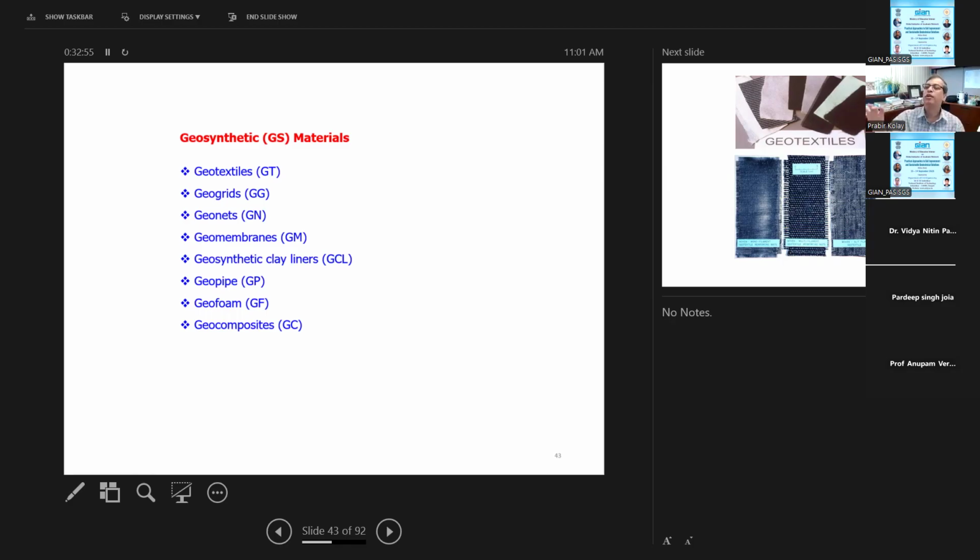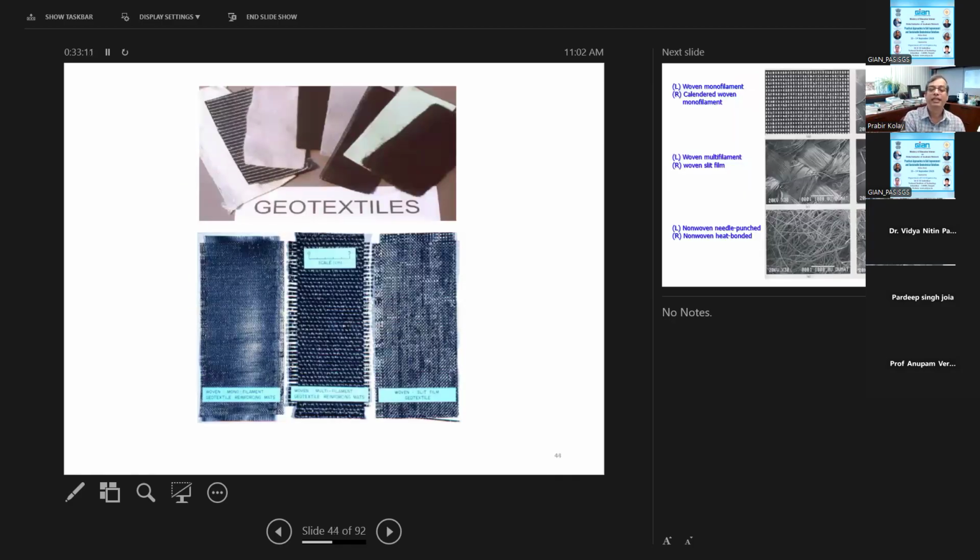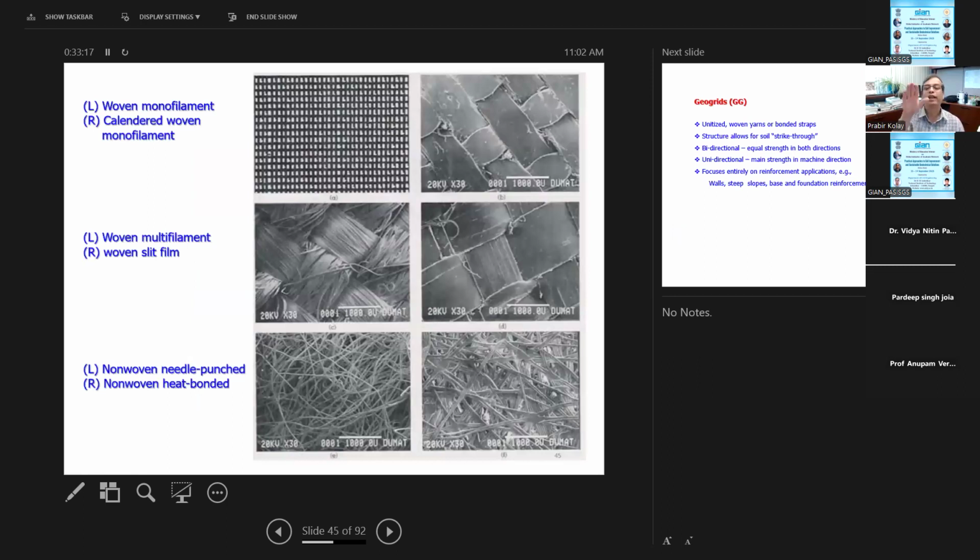Geofoam is generally used for peat soil. Just for example, people are using geofoam or foam concrete on top of stabilized peat, because the strength is very, very low, that bearing capacity. Geotextiles, it looks like this, this is the cloth, the pattern is there, woven filament.